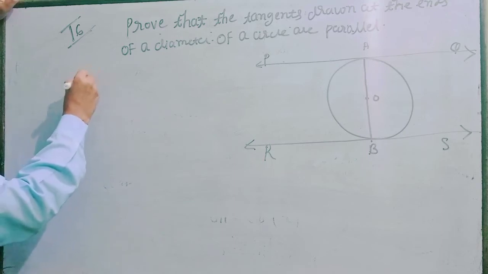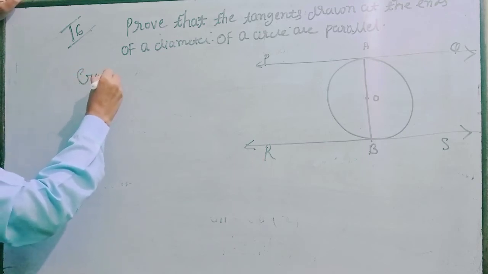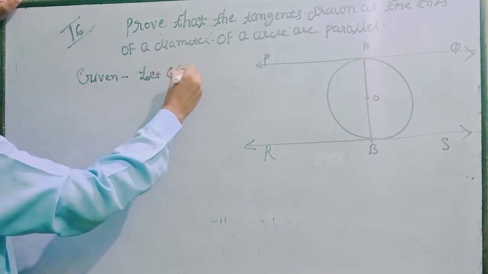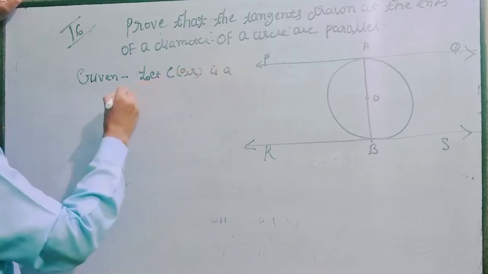So first you write what is given in your question. It is given that let C(O, R) be a circle.